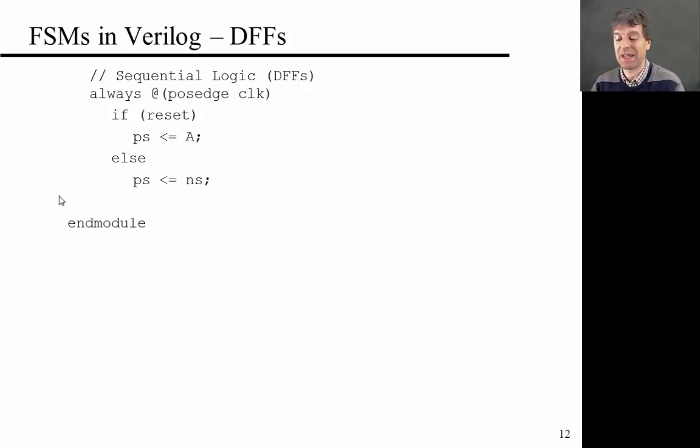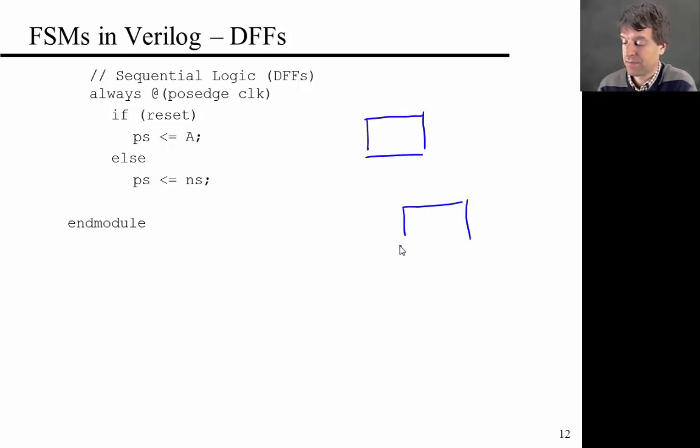Or the other way around. Next state at the clock edge. So the value that's computed in the combinational circuit at the clock edge is read into the present state, the value that's held within the flip-flop. Okay, so all of this really does is specify these two flip-flops here. And again, it's two flip-flops because of the size of the system that was defined 2 slides ago.